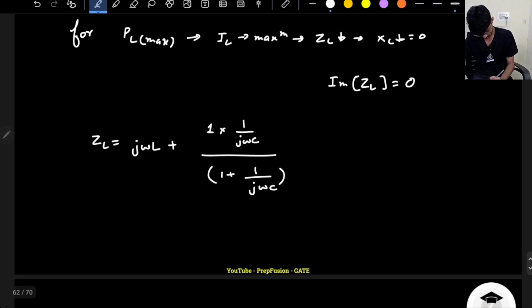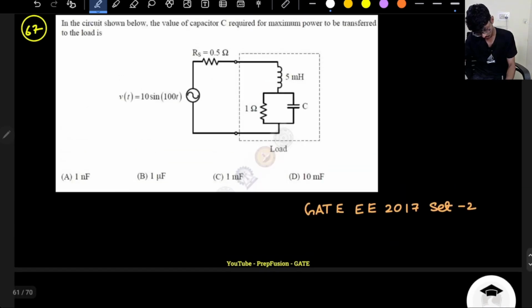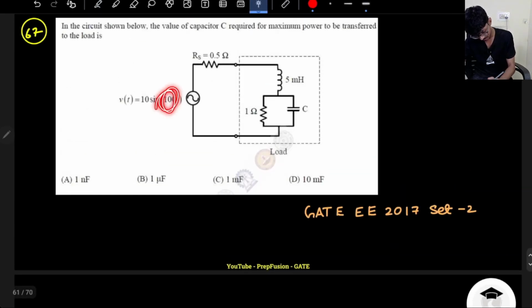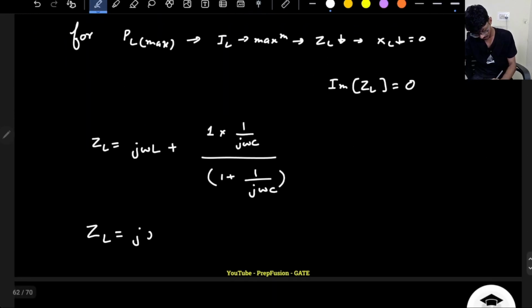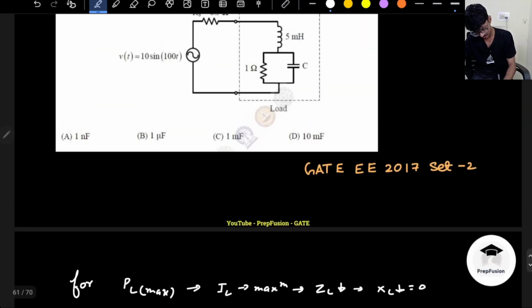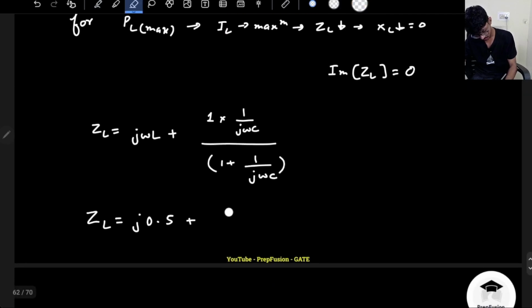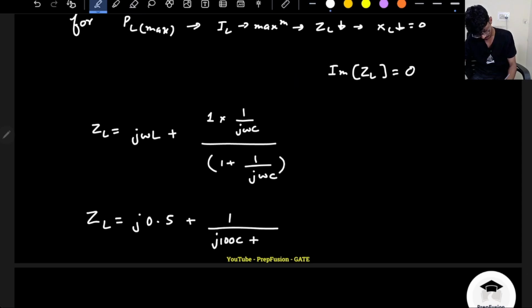So let me check everything is recording. Yes. So my ZL, what is omega? Omega is 100, right? L is 5 millihenry. So 5 millihenry into 100 will be 0.5. This will be J 0.5. And again here omega is 100. But what is your capacitor? Capacitance is C only. So if I multiply by omega C on both sides, this will be 1 divided by J 100 C plus 1.